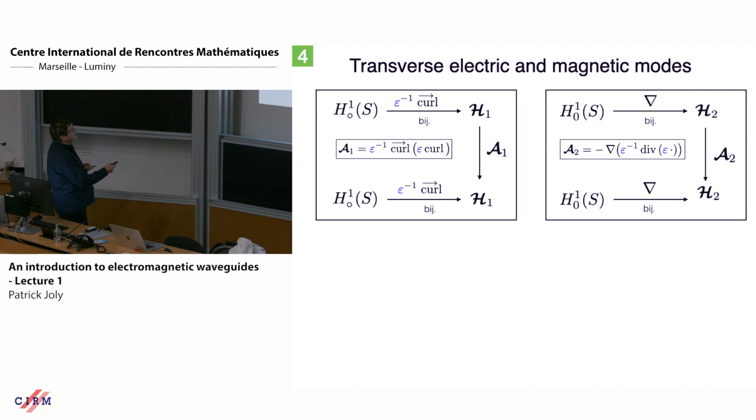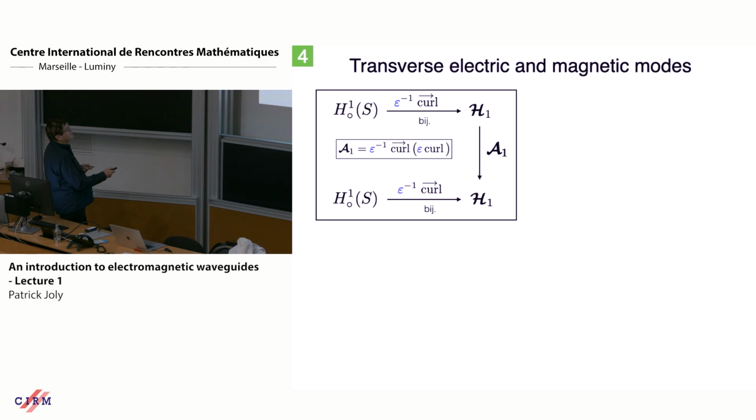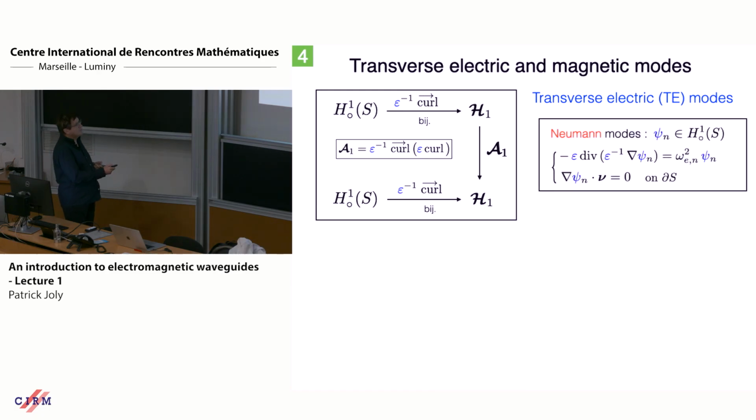So you see H1 as the images of the space of scalar fields, either by the epsilon minus curl or the gradient operator. And these are the two operators I am interested in. So I can construct the first family of modes from the operator A1, and this will be the transverse electric mode. And the idea is to start from the Neumann modes of this scalar problem.